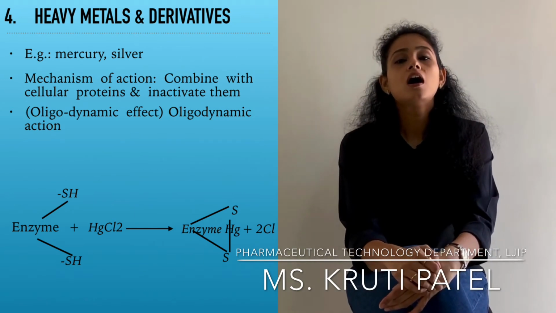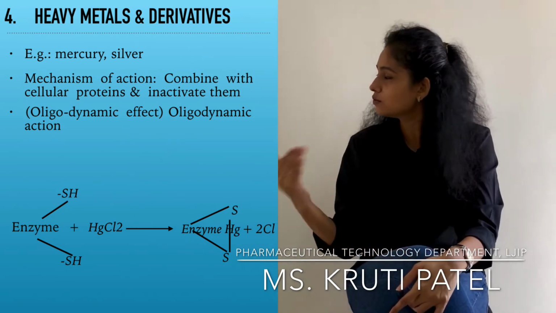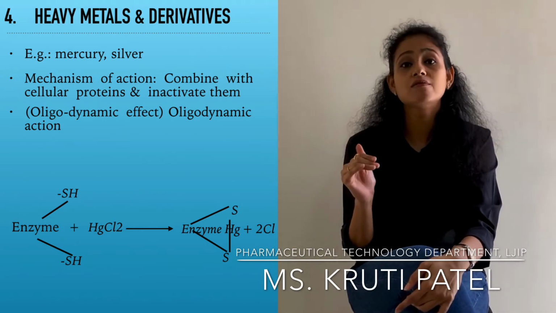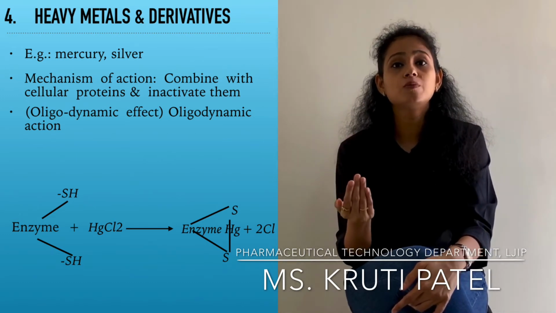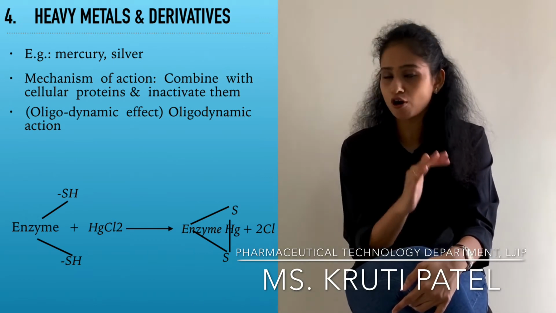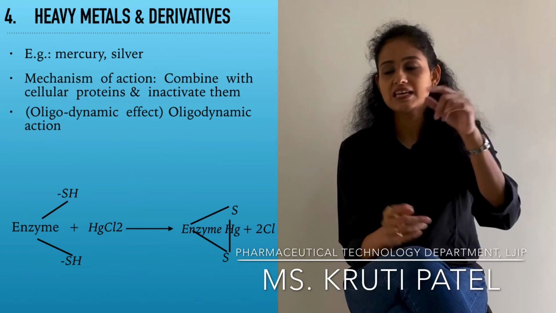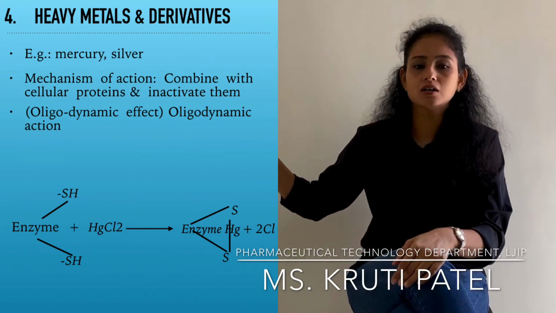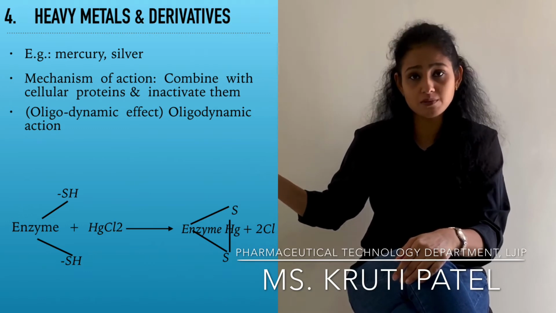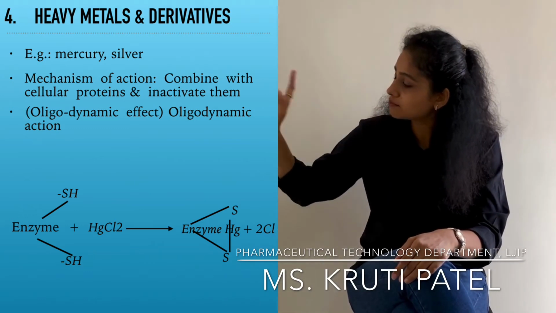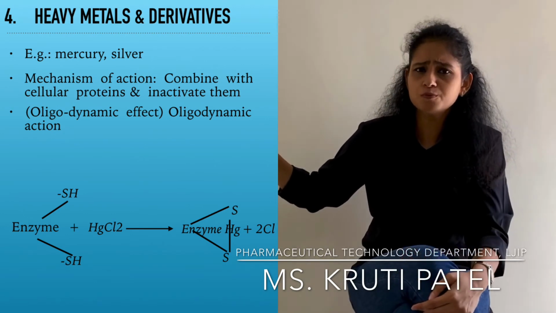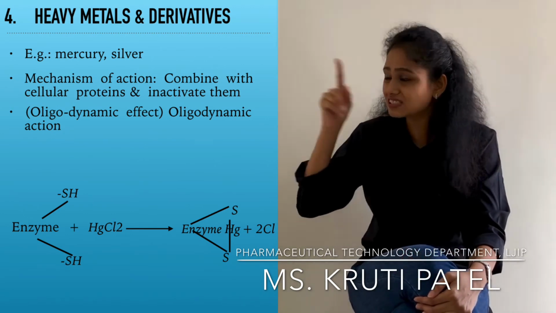Now how does that work? How does this heavy metal work? What is the mechanism of killing? Enzymes have essential functional groups like the thiol group, which is known as the SH group, we all know. What happens is that HgCl2, that is mercuric chloride, which is our heavy metal, combines with the essential functional group of the enzyme, and that forms a cyclic structure.